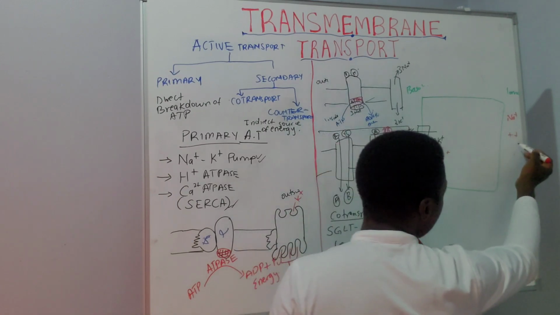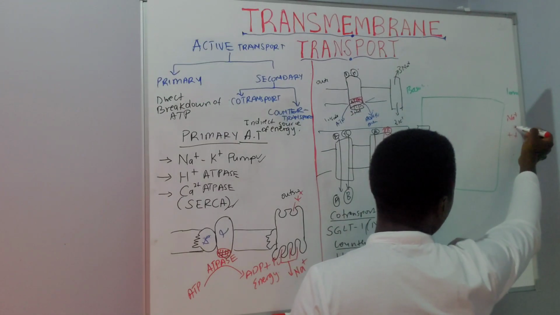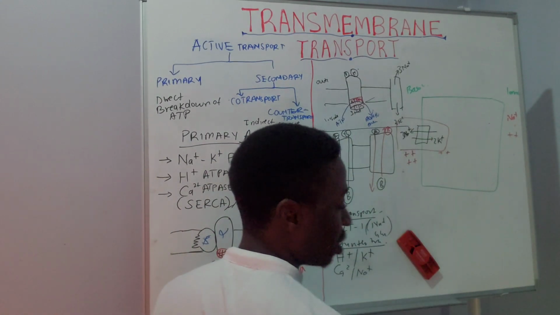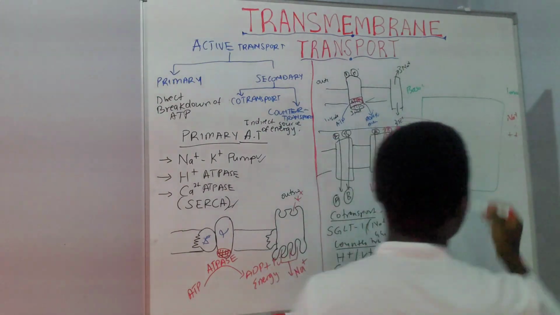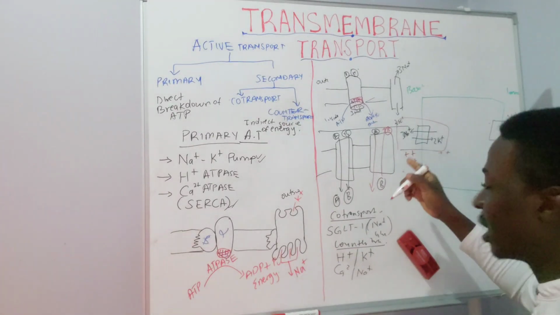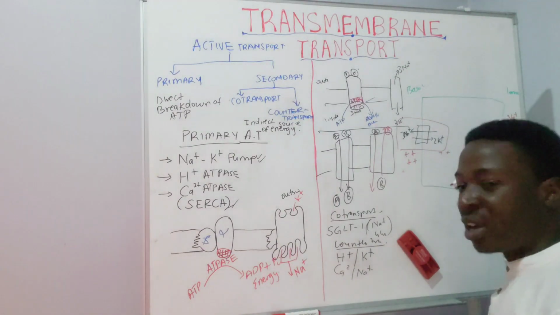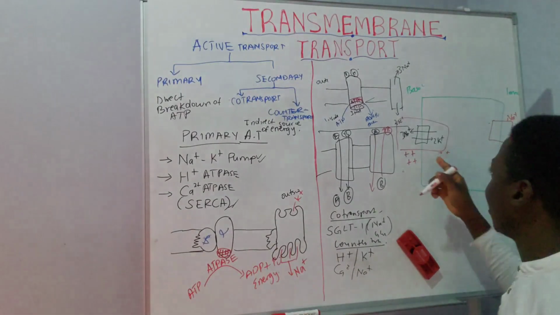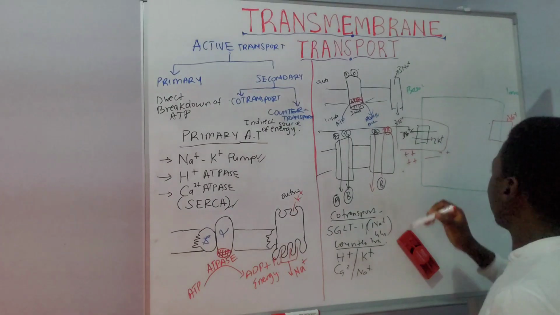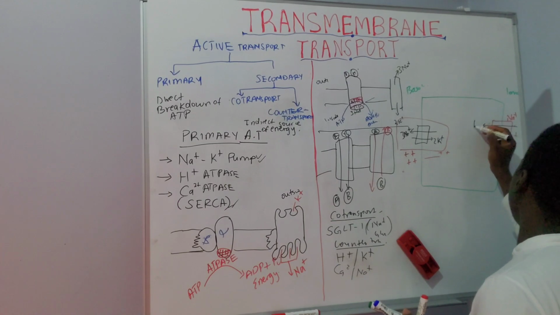And this gradient enabling the movement of sodium from the lumen into the cell has been created by the activity of this sodium potassium pump.